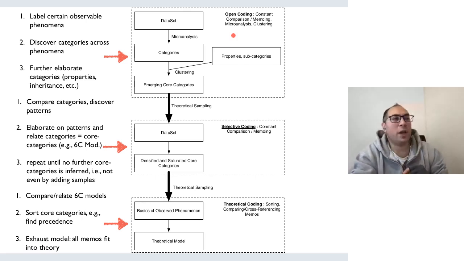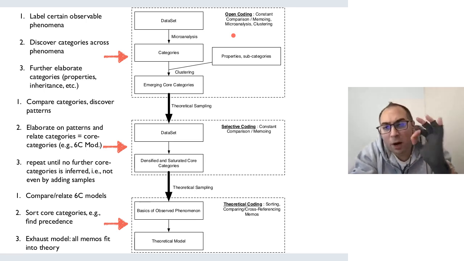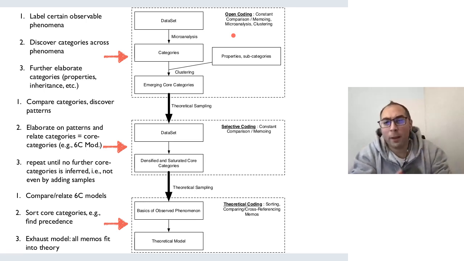For example, you are saying, hey, this guy is picking this flower in this way because this flower is particularly lenient to this type of label. You cannot label it because you ruin it by picking it in this other way. That's a memo. That's a part of the theory which is emerging by you analyzing the data.